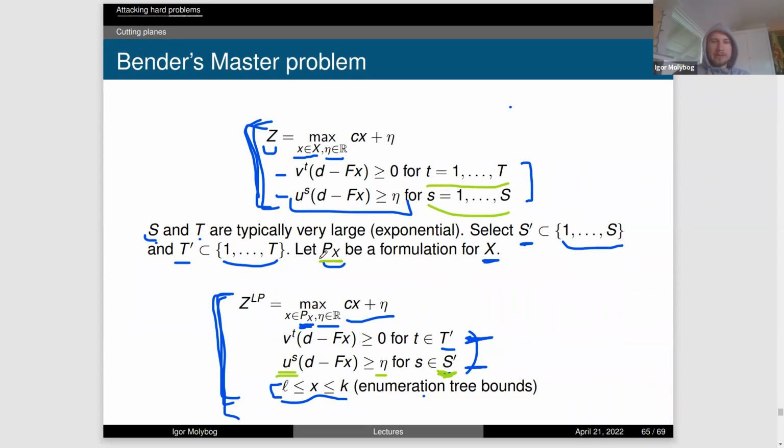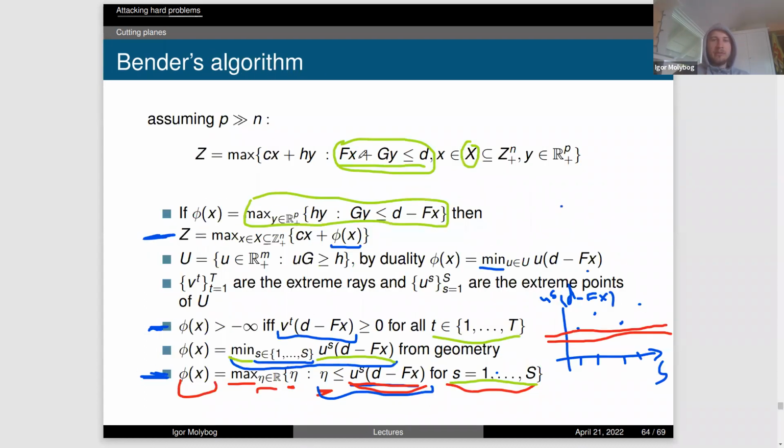Of this formulation px, there are no assumptions on it, and it can just happen that the description of the set capital X is imprecise, and therefore there is infeasibility that is not possible to cut off just by adding more valid inequalities that are only related to this constraint and not related to this constraint.